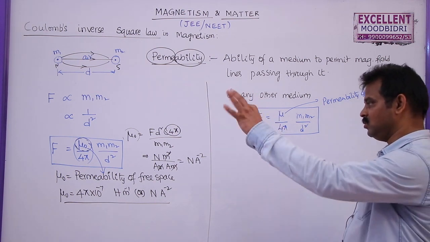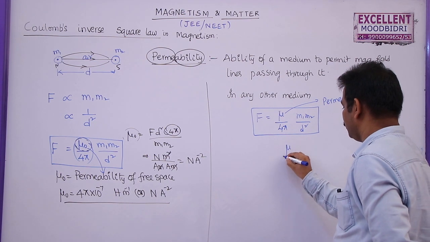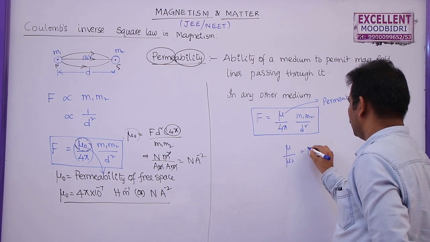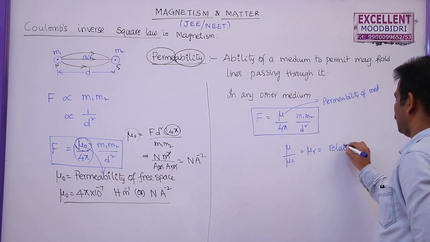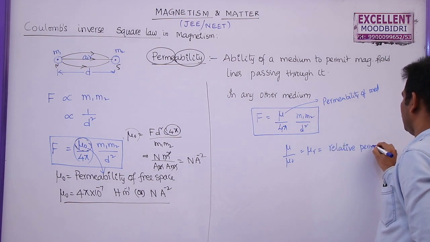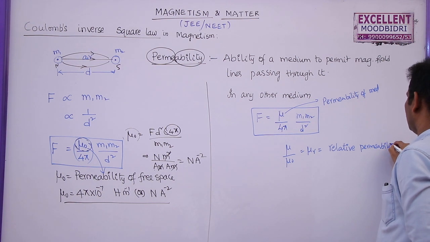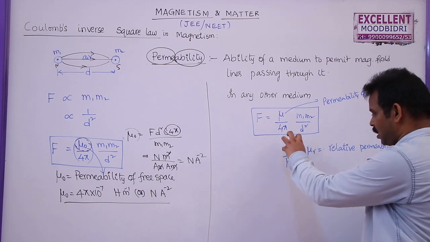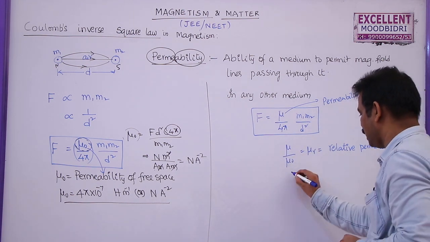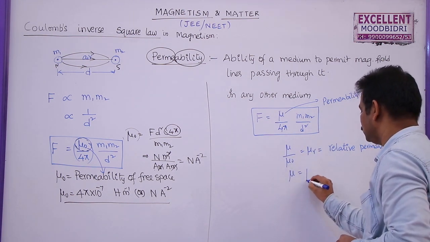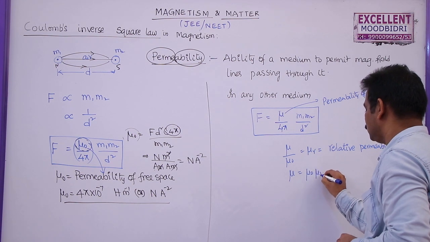The ratio between these two, mu and mu naught, is given by the relative permeability. So this is called relative permeability, which is the ratio between the permeability of a medium and the permeability of free space. Now by cross multiplication you can write mu is equal to mu naught into mu r.